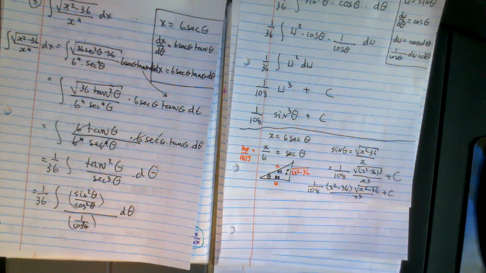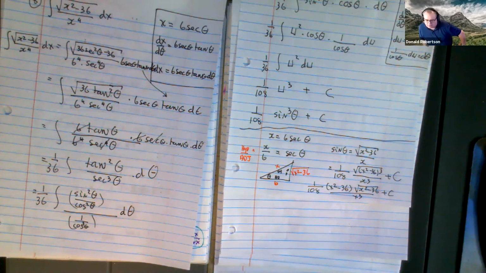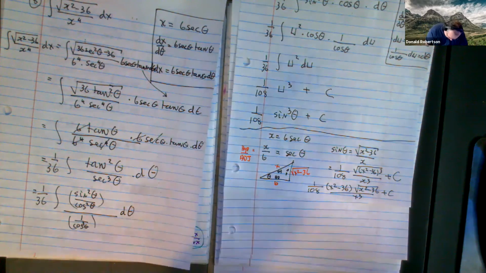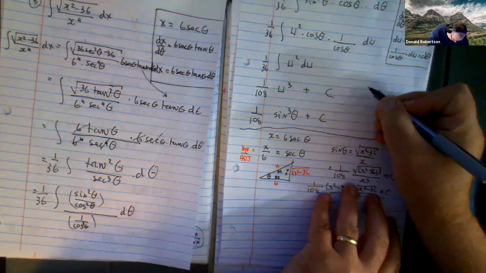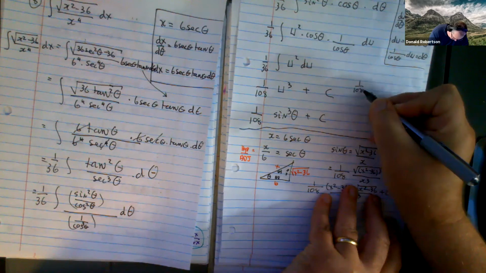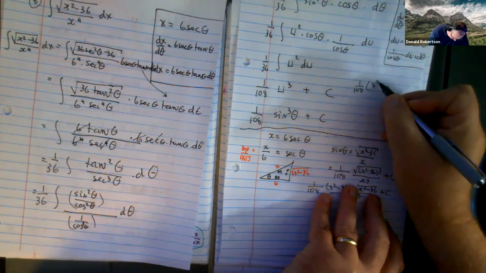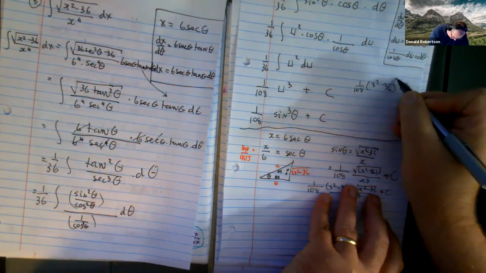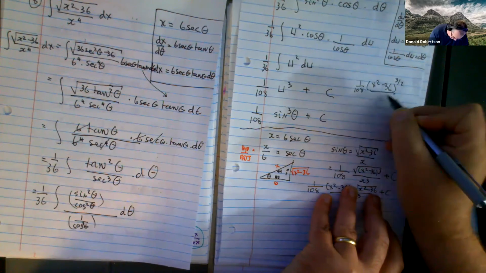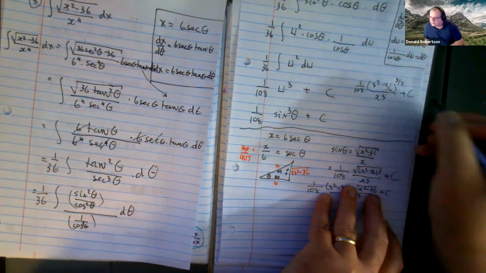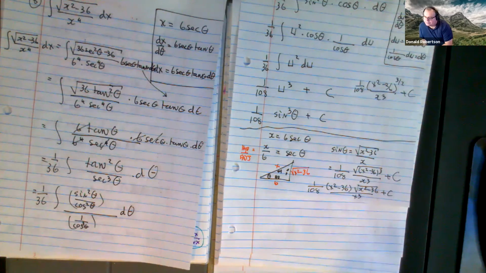Nothing wrong with that. I don't know what WebAssign will take. I'm always worried when I do questions that we do them right, but then WebAssign isn't, because I could imagine, I'm just saying this, don't quote me because I could be wrong, that WebAssign might write the thing down like this. Agreed? I mean, that is equivalent.